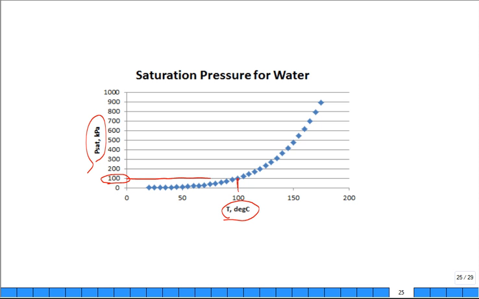Around 100 kilopascal, around 1 atmosphere. That's why it boils at 100 degrees C. If you had it at a higher temperature, you'd have to have more weight to keep it two-phase, so that saturation pressure may be up in the 500 kPa range.